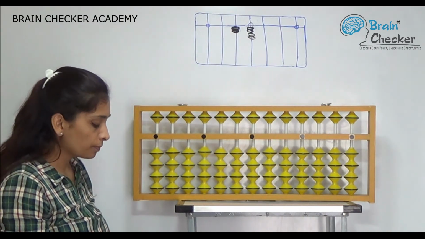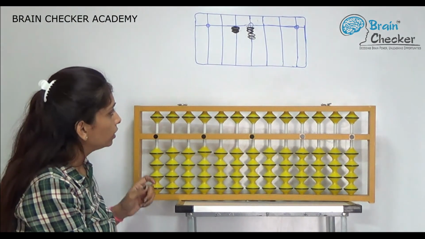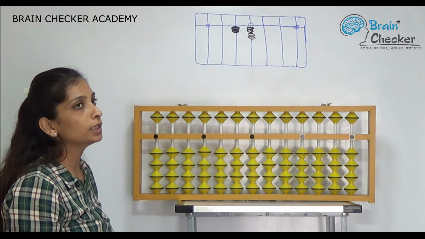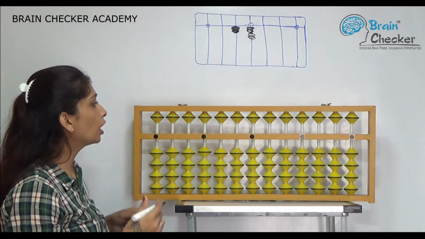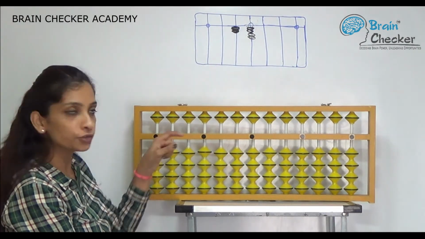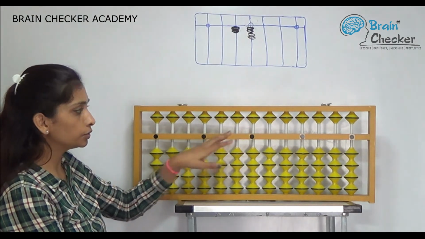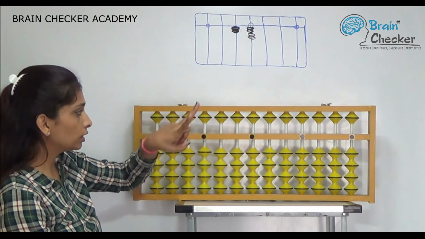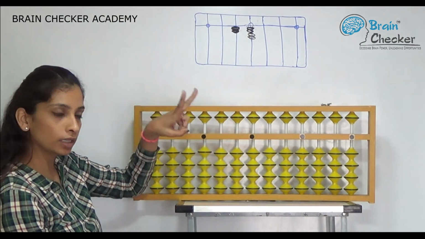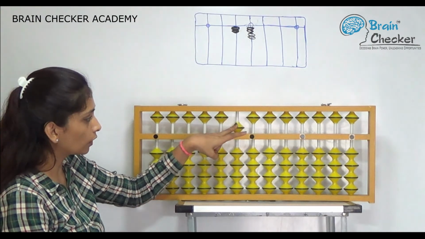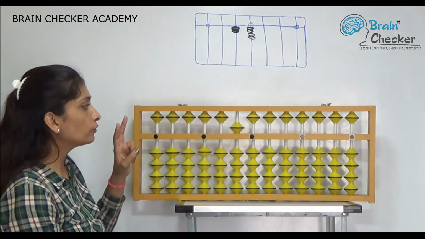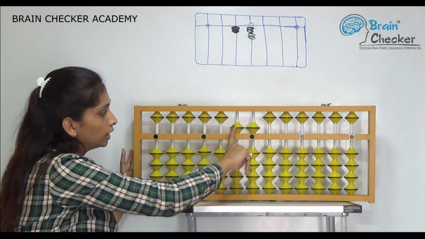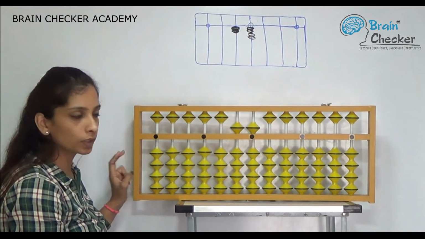Now let's do some more examples. If I say show me 55, how will you show 55? I will show you on the abacus, you try it on the paper. With the help of the middle finger on the left hand, I will take the upper bit down, which is 50, and for 5 I will use the index finger from the right hand, which makes 55.